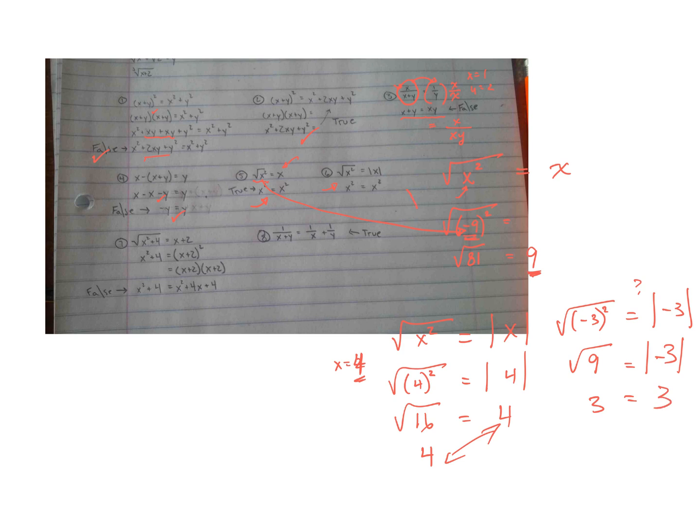So this one here, I would be saying true for that one. And this one here, I'd be saying false, because we proved that right here, that when I plugged in a negative 9, the answer on the other side doesn't come out to a negative. Okay, hopefully that helps there.